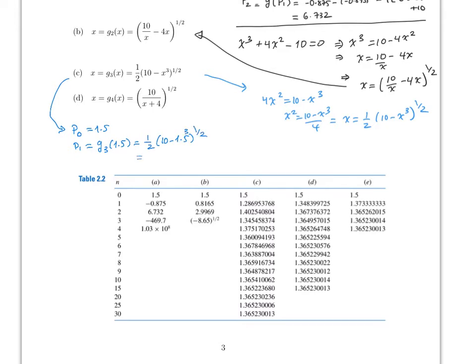And you should check that this will give you 1.28695376, if you use that many decimal places, and so forth. So then P2 will be G3 of P1, and that should give you the next value, and so forth.